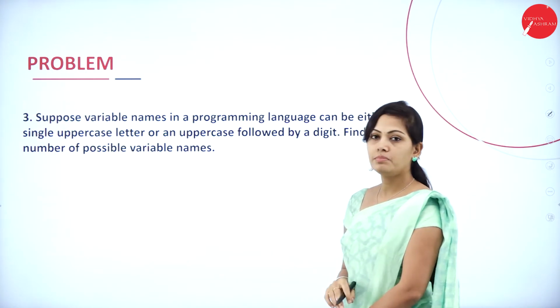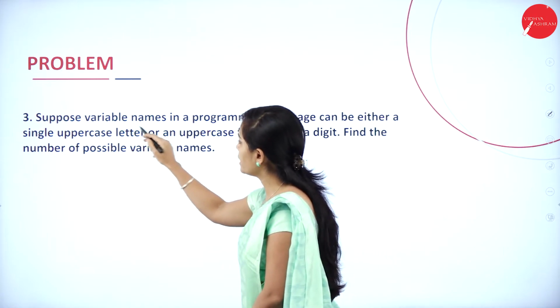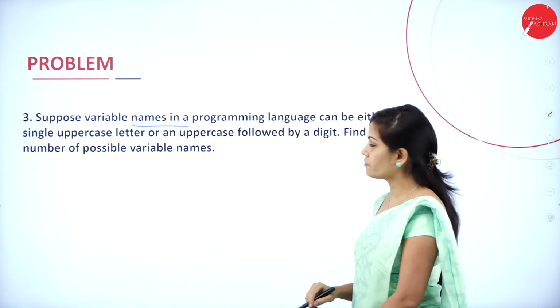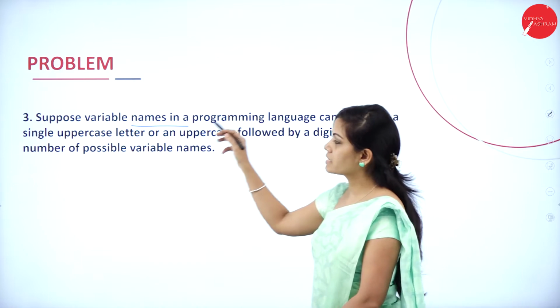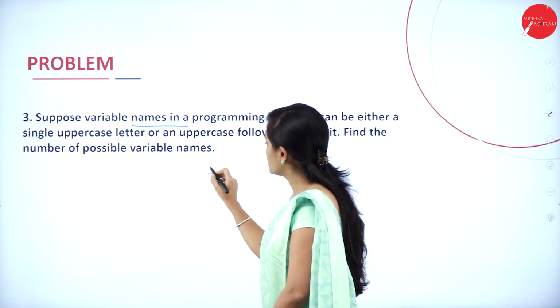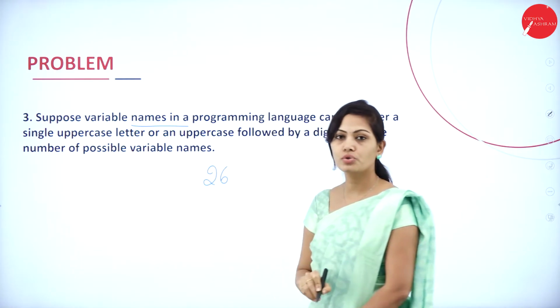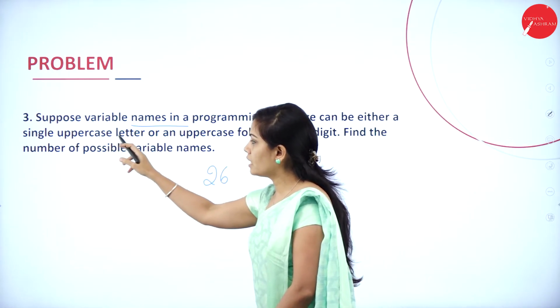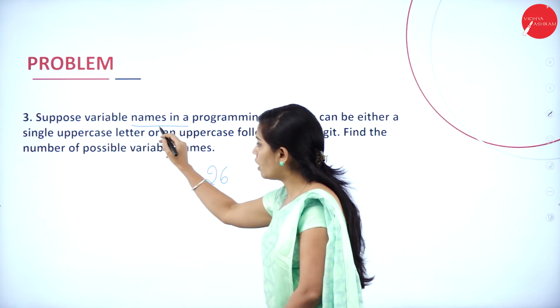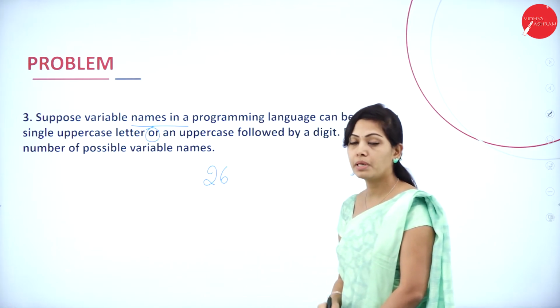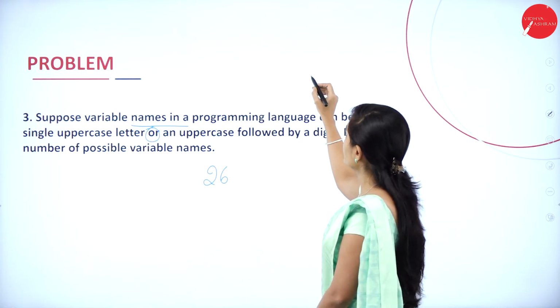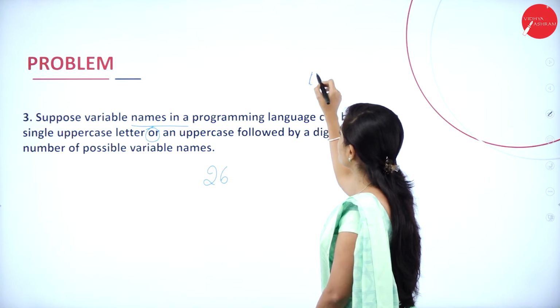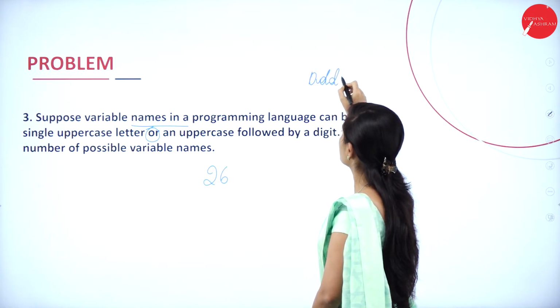So next problem. Suppose variable names in a programming language can be either a single uppercase letter, so totally we have 26 letters in the alphabet, or an uppercase letter followed by a digit. OR means logically we are using addition, right?